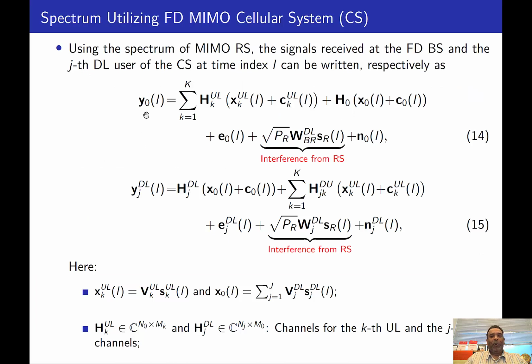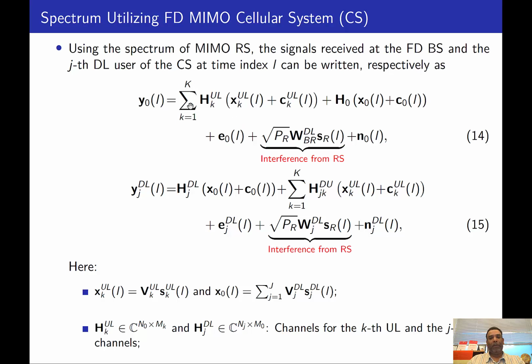So let's talk about the spectrum-sharing full duplex MIMO cellular system now. The received signal at the base station and the received signal at the downlink users can be written in this form here. Using the spectrum of the MIMO radar system, the signal received at the full duplex base station and the jth downlink user of the cellular system at time index L can be written as this. This is the base station receive signal.